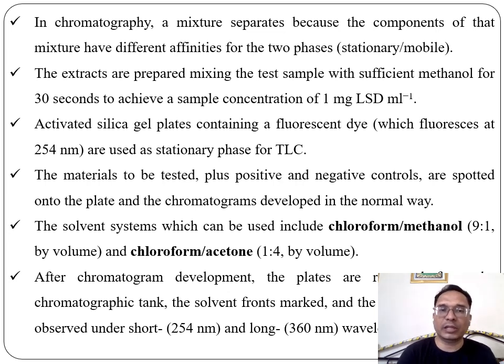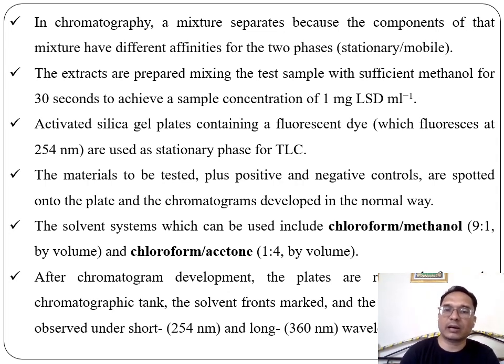The material to be tested plus positive and negative controls are spotted onto the plate and the chromatograms developed in the normal way. The solvent systems which can be used include a mixture of chloroform and methanol or a mixture of chloroform and acetone.